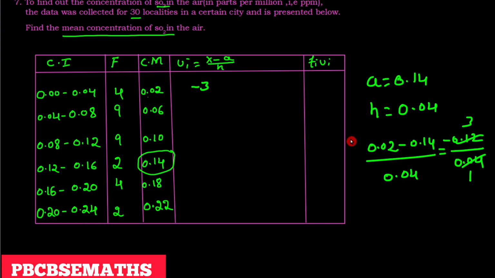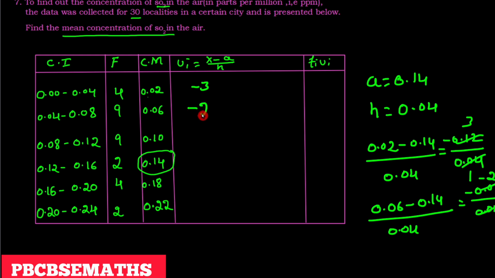Now we have the class mark 0.06. So we will calculate 0.06 minus 0.14 divided by 0.04, which means here we are going to get minus 0.08 divided by 0.04, which means minus 2. So we will write that here.